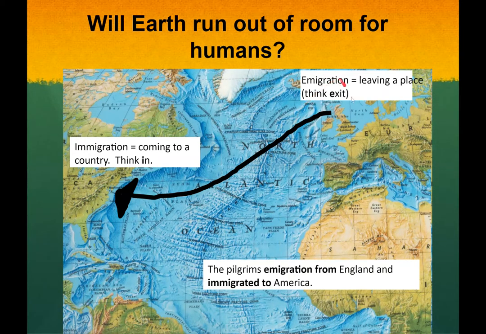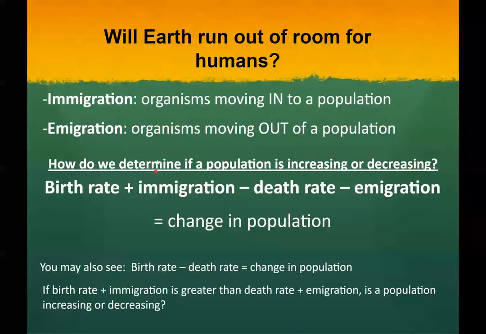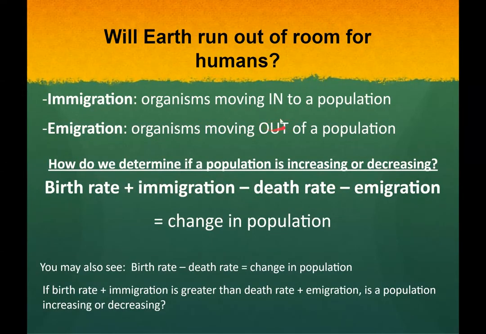So I left Tennessee and came to North Carolina. So emigration is when you are moving out of one population, and immigration, you're moving into another population.